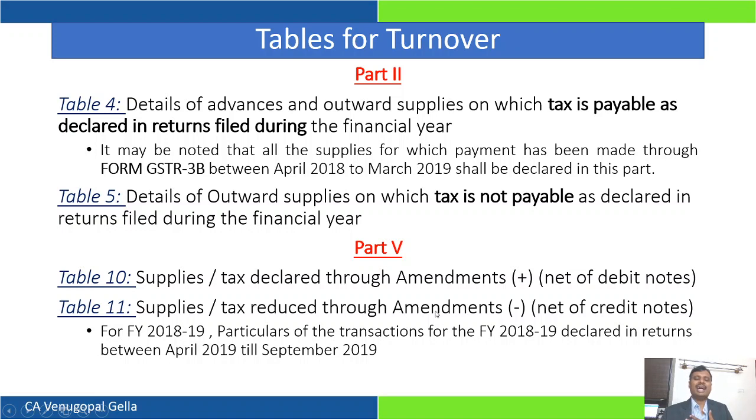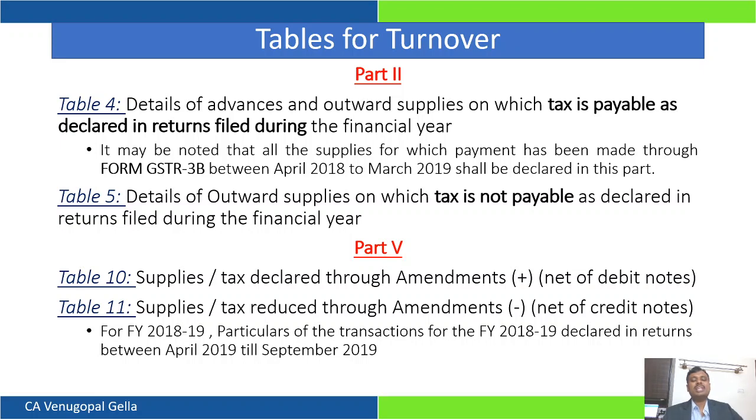If I have to pay 100 rupees, and 80 rupees I have paid in April 18 to March 19, and 20 rupees I have paid between April 19 to September 19, my total liability is 100. I would be declaring 80 in table 4, 20 in table 10. That is how one has to identify the turnover segregation.